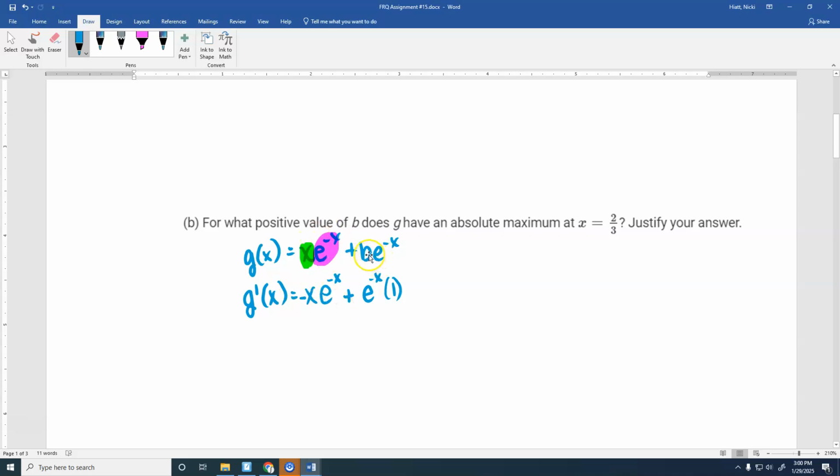We also have to do the derivative of b e to the negative x. Do I need a product rule here? No, because b is a constant. So I'm just going to have b, derivative of e to the negative x is e to the negative x, but you have to do the chain rule with that exponent. Derivative of the exponent is negative, so I'm actually just going to make this a minus instead.